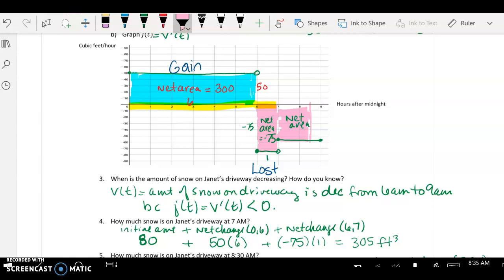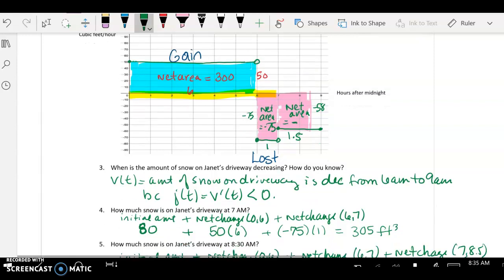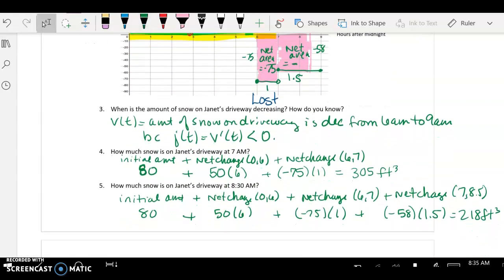We're looking at this net area, and that net area is going to be the 1.5 hours times the negative 58 that you have there, whatever that's equal to. And that would be a negative net area, and that's going to tell us how much more we're going to subtract. I think it's negative 77 cubic feet that we're going to subtract for that.